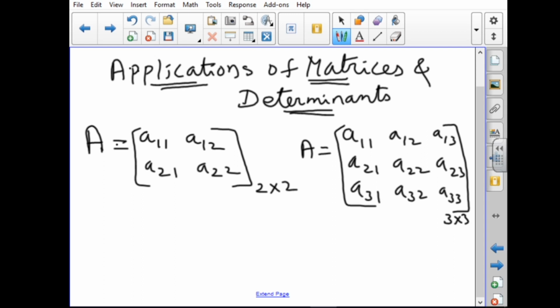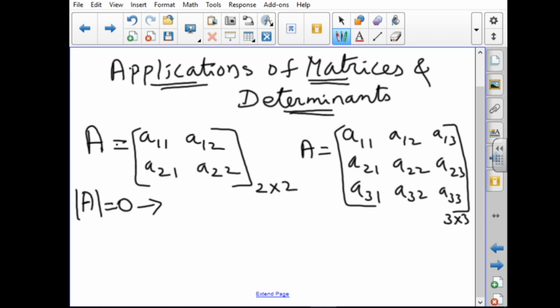Now we will see what are singular and non-singular, which you have also studied in plus one. A matrix A is said to be singular when the determinant of A is equal to 0.